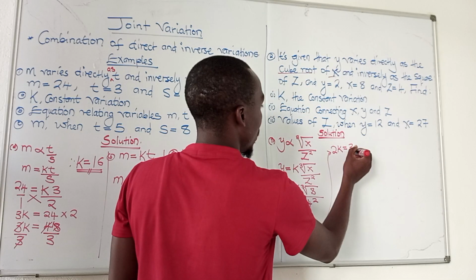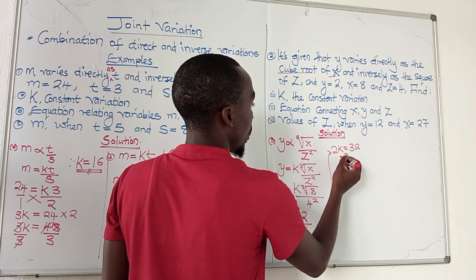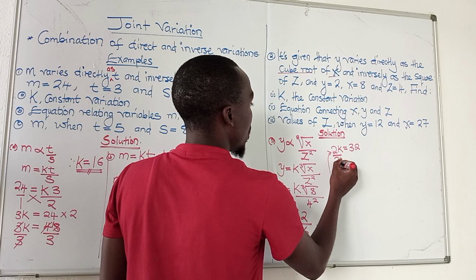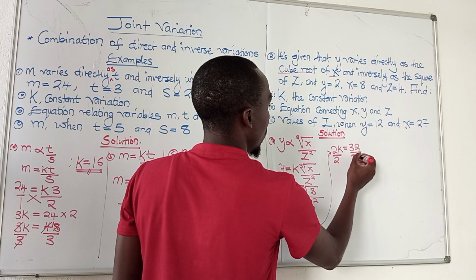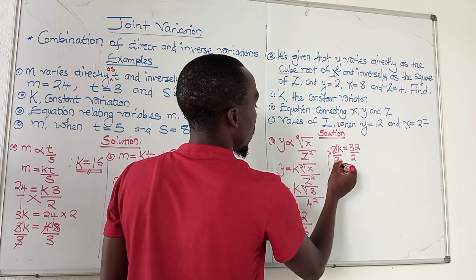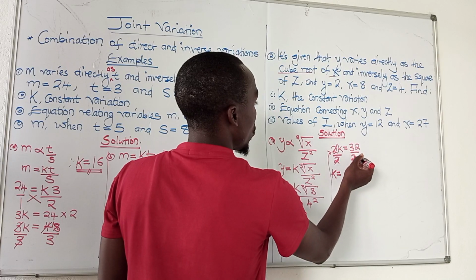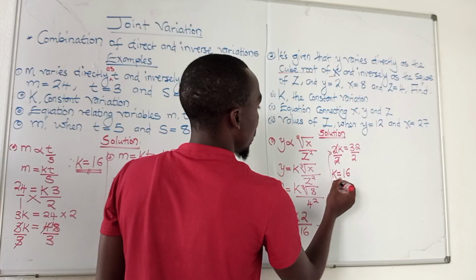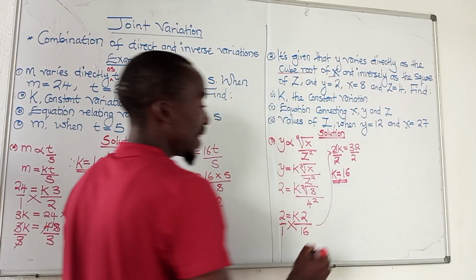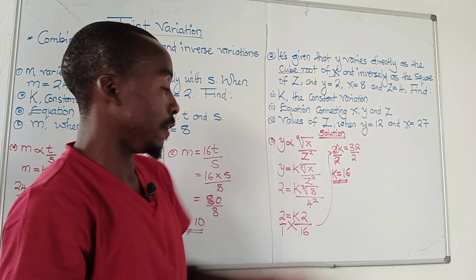It will give us what? 32. Okay. To make k the subject, we divide both sides by what? By 2. So this will go and that will go. Therefore, our k will be equal to 32. 2 into 32 gives us 16. Just like that. Okay. So you have found the constant of variation, which is k.